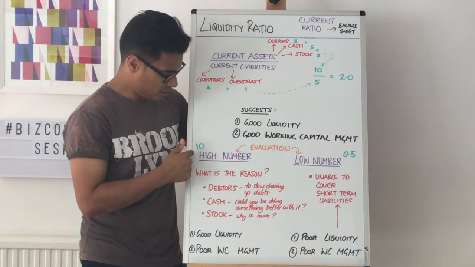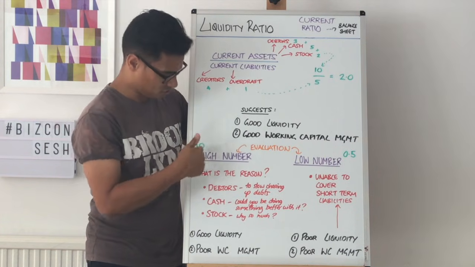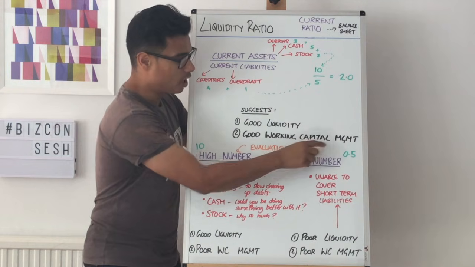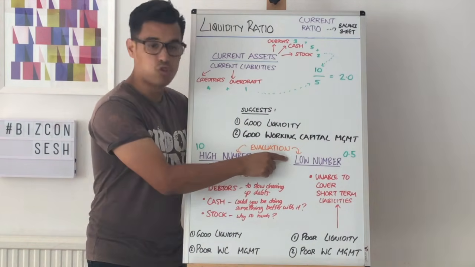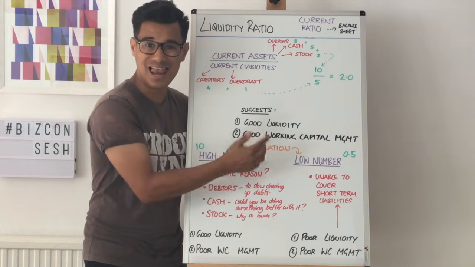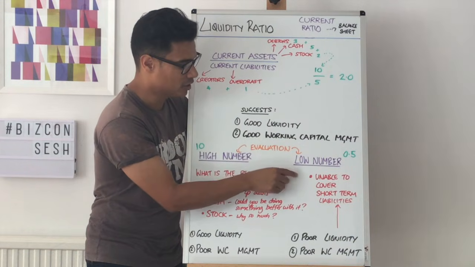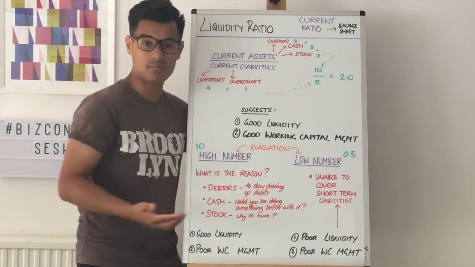Which leads me to, let's look at if you were to have a current ratio of 10, so a really high number, or a current ratio of 0.5, so a really low number. Well, the worst case scenario is if you have a low number, so less than 1 as your current ratio, because it basically means you're unable to cover your short-term liabilities.